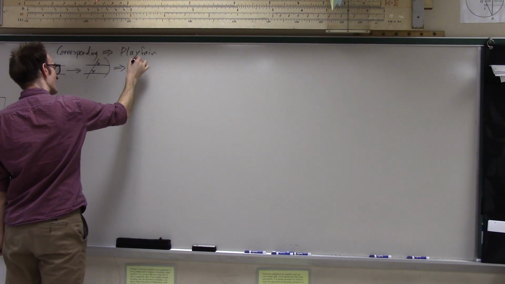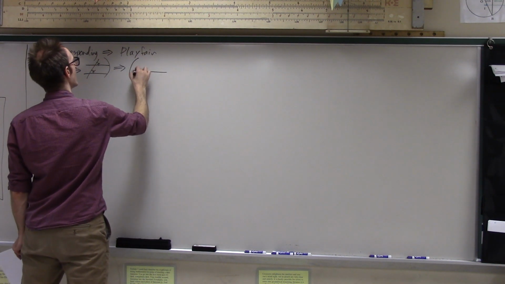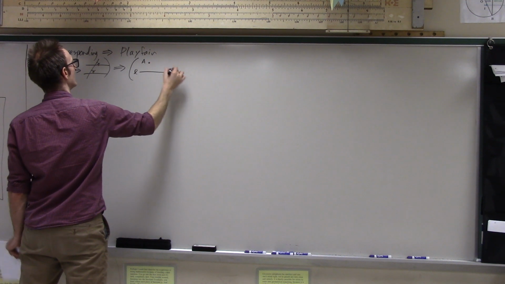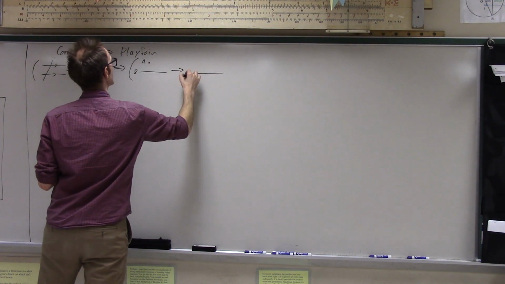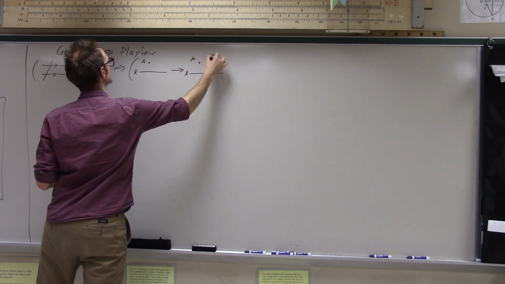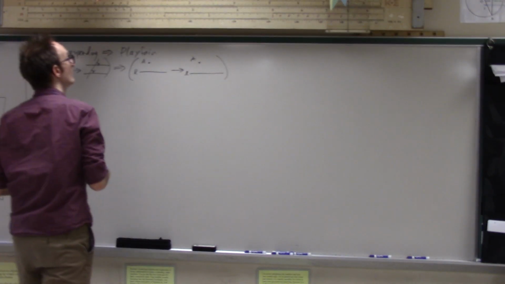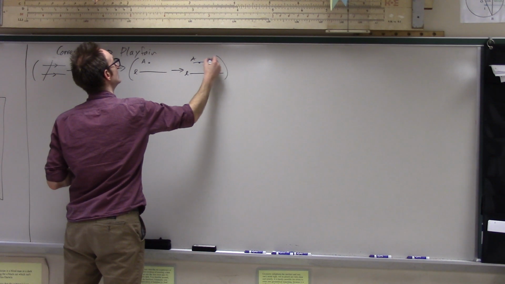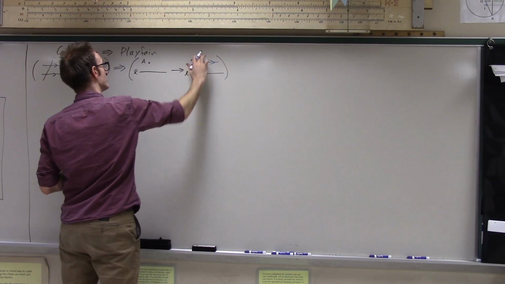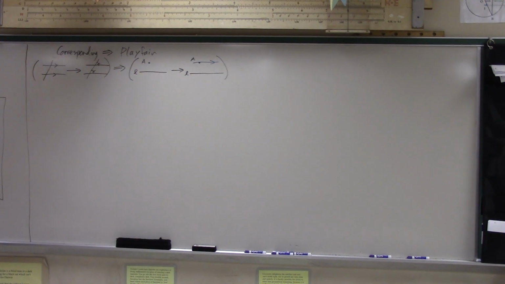And we have Playfair, which says that through a line L and a point not on that line, there is exactly one line through A parallel to L. Exactly one, so that there is one, and then there's not more than one.